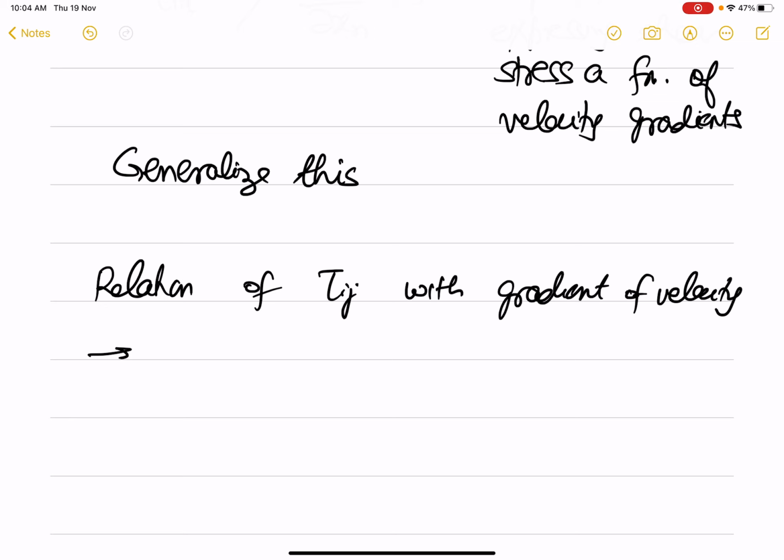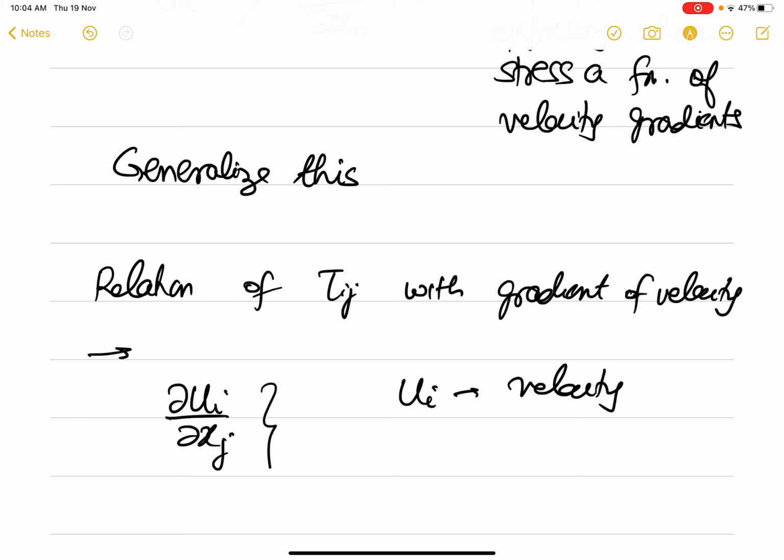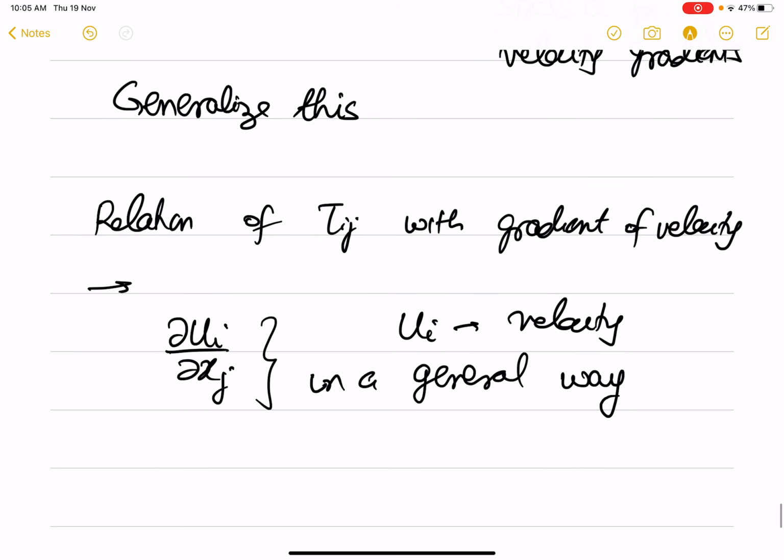What we will do is we will look at this relation, and we will first try to see the velocity gradient, which, if ui is the velocity vector, then the gradient of velocity in a general way can be expressed as dui by dxj, which means again i goes from 1 to 3 and j goes from 1 to 3.